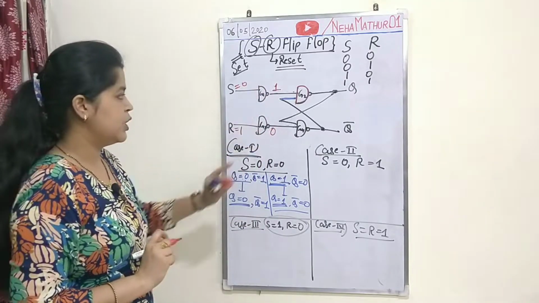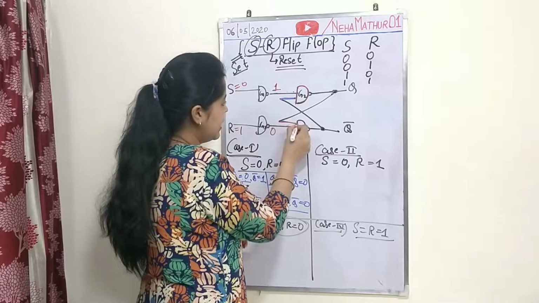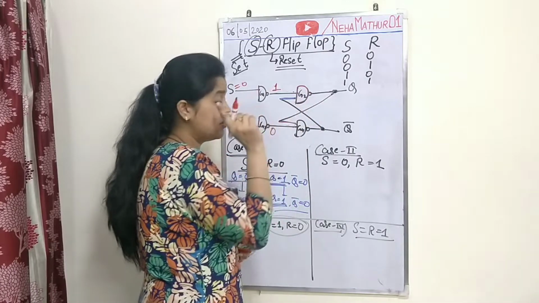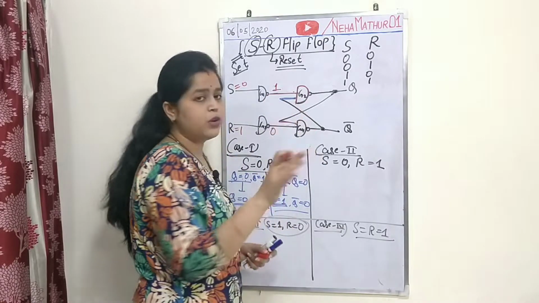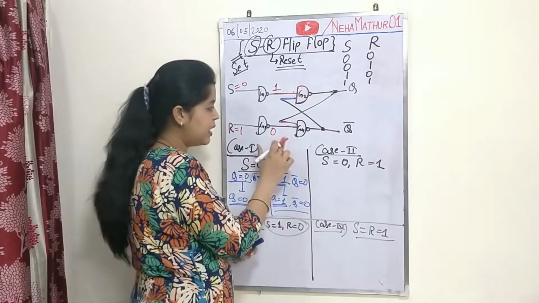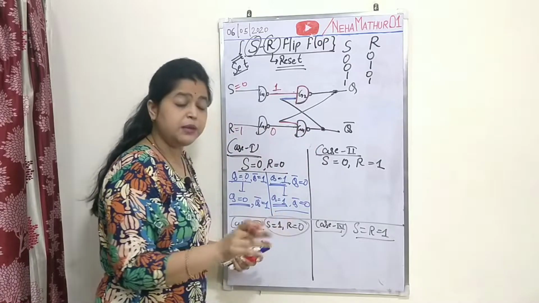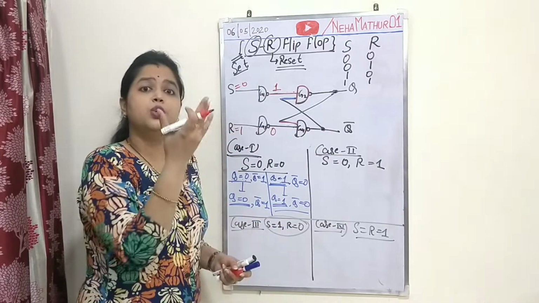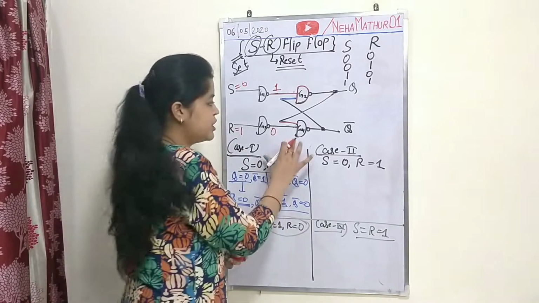So 1 and 0. Now come to the previous gates. G2 gate with one input, which is 1, and second input is not defined. But for G4, one input is 0 and again the second input is not defined, but there is no need to define or assume any value for G4.